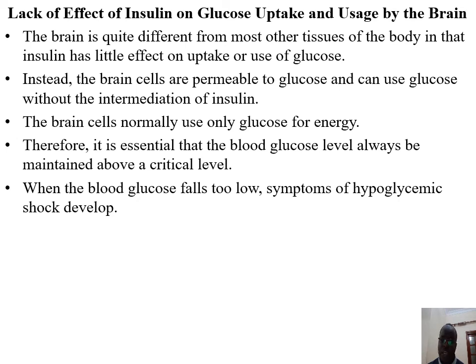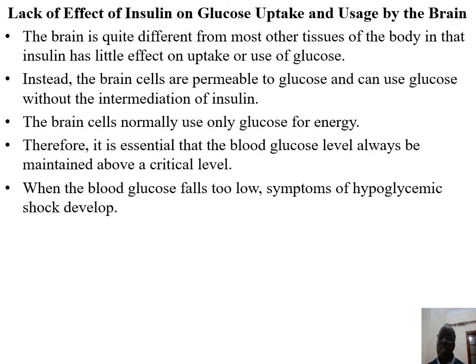Therefore, it is essential that the blood glucose level always be maintained above a certain critical level. When the blood glucose falls too low, symptoms of hypoglycemic shock develop, because these cells depend on glucose only as a source of energy.